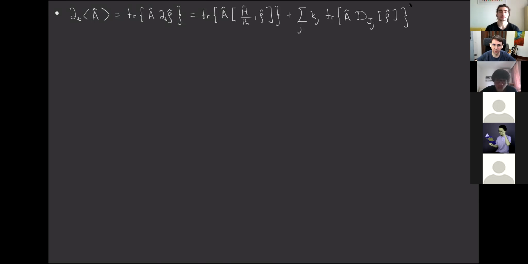I just substituted the master equation, but now comes the funny bit. If we want to compute the first term, the trace of A times the commutator with the Hamiltonian, we have something like this. Let me expand the commutator as H rho minus rho H.